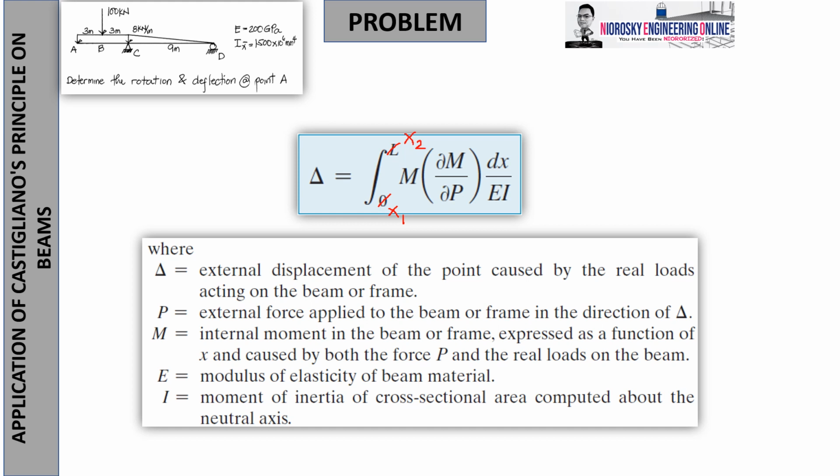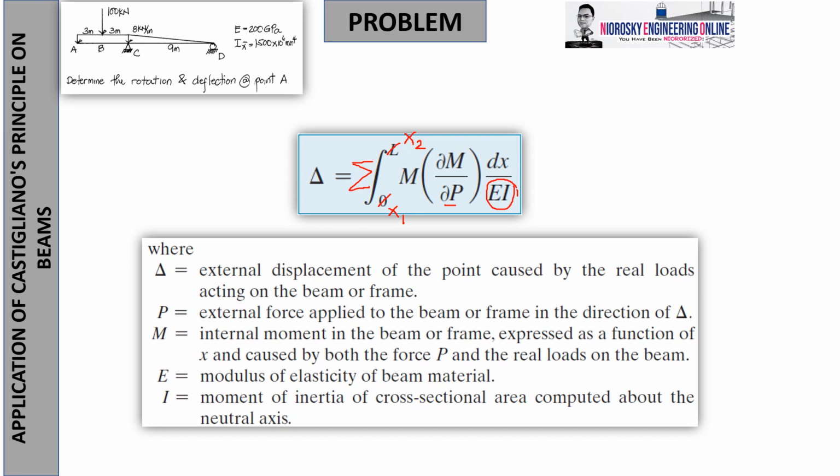And then, na integral, actually, you can put sigma kasi pwede mo more than one segment. So, the moment multiplied by the partial derivative with respect to P, then dx over EI. Where EI can be constant or EI can be varying dependent on the nature.